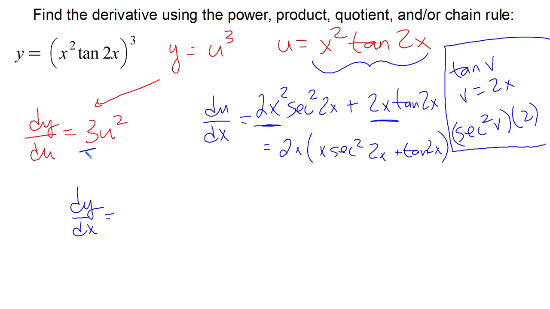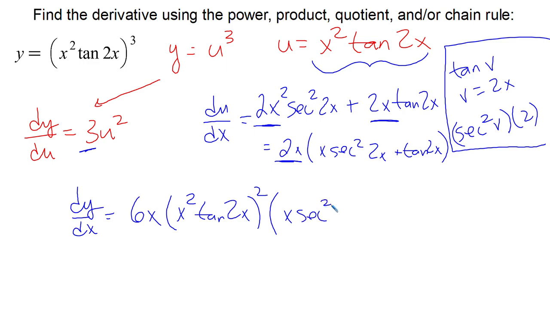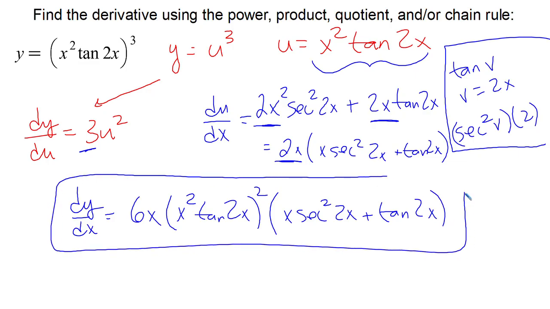So when I multiply the 3 by the 2x, I'm going to get 6x. So I'm going to have 6x, and then I'm going to have u squared, where u was x squared tangent 2x. So there's my u squared, and what's left is x secant squared 2x plus tangent 2x. And that is our final derivative.